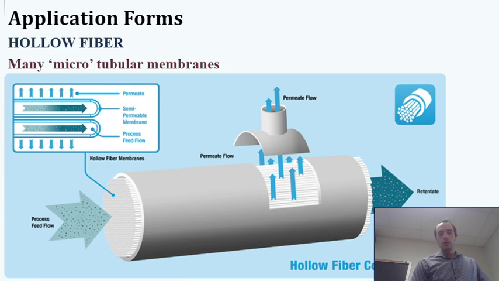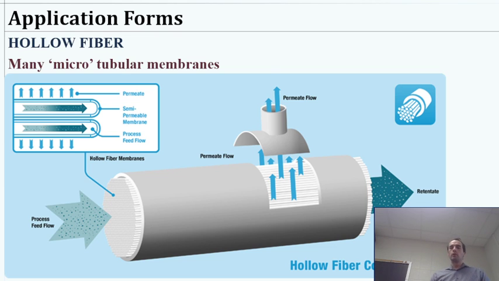Okay, so the last major application type here before we go is we basically take that tubular membrane and make them a lot smaller. And so now we have what we call hollow fibers. Instead of these more rigid tubes, we just have lots of little tiny ones, and we can pack these into a column, or sometimes you just put them in water and they're just hanging there, and then you put a vacuum on them to pull water through.